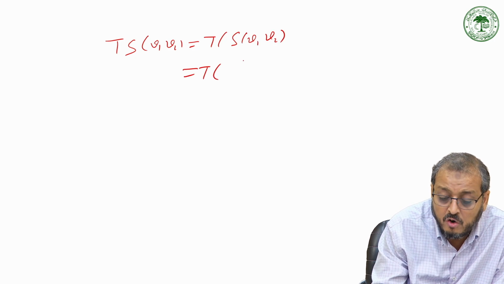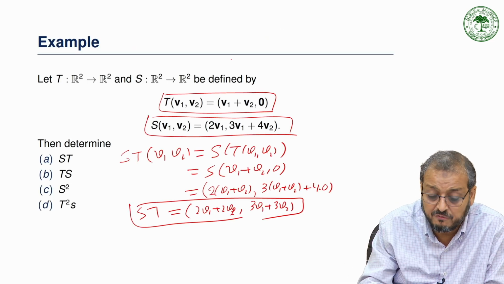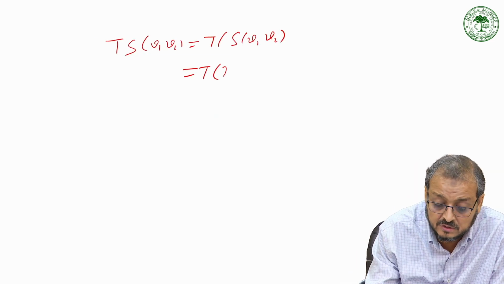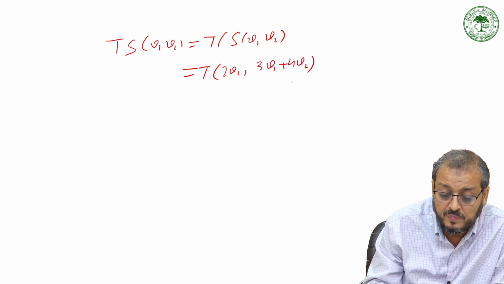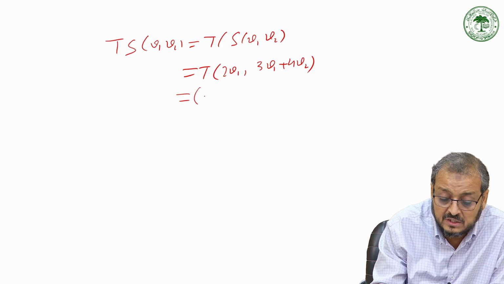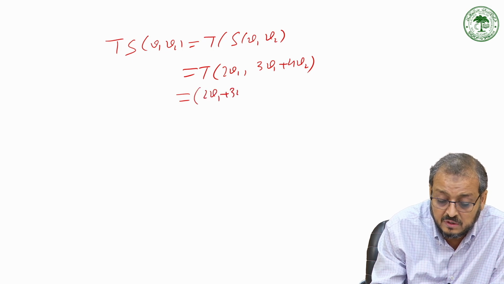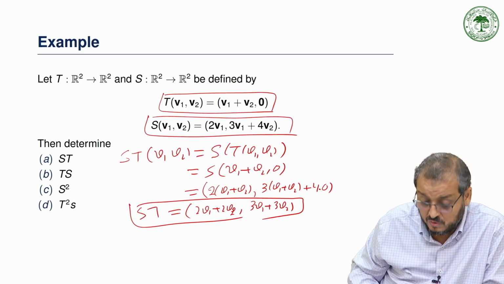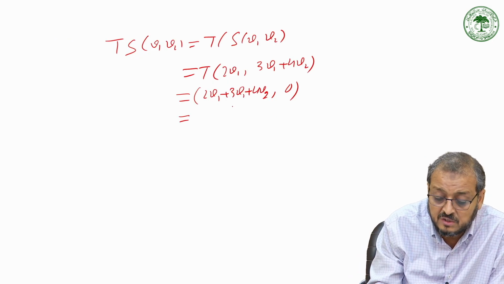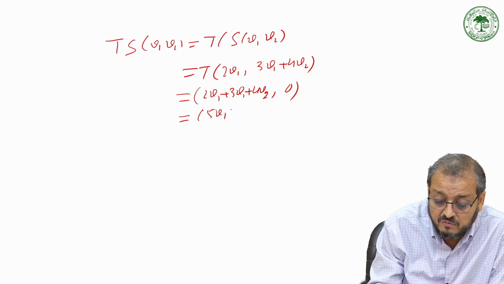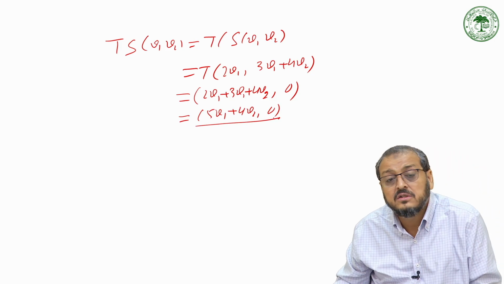T of S is defined in the form of 2V1, and next 3V1 plus 4 times V2. So this is equal to (2V1 plus 3V1 plus 4V2, 0), because T of (V1, V2) is (V1 plus V2, 0). So this is nothing but 5 times V1 plus 4 times V2 comma 0. This is for TS.